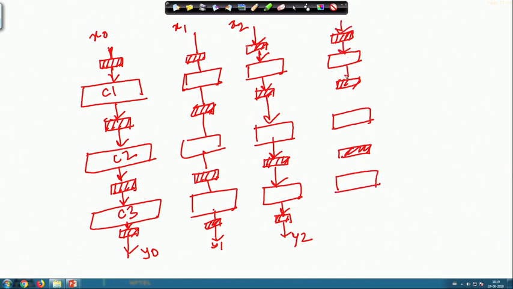So, what do I have to do? I have to connect this. This is for x3 and this is for y3, and at the very end, this is the fifth processing element.